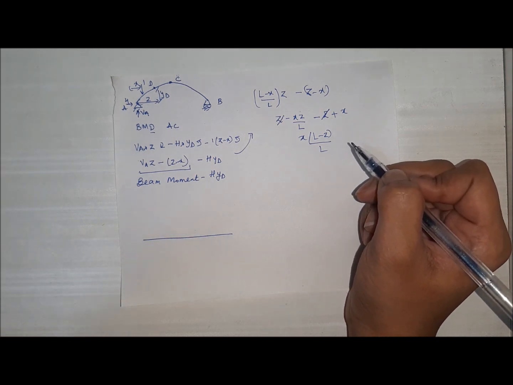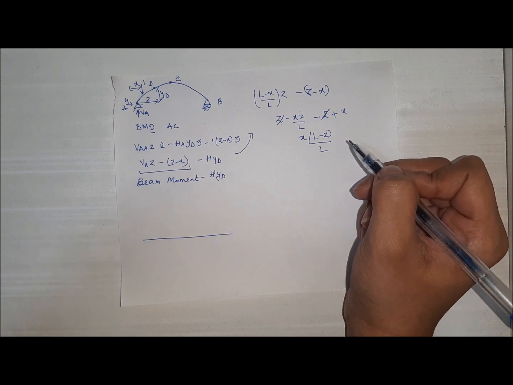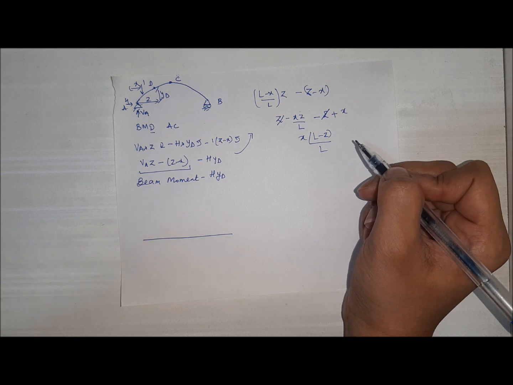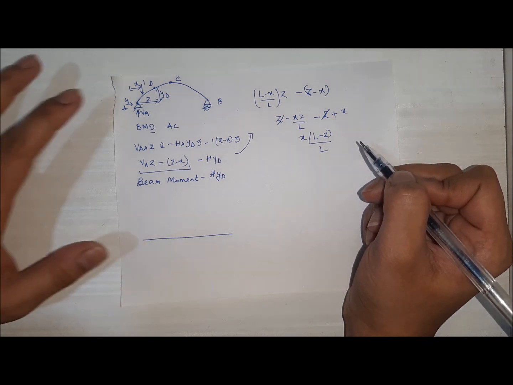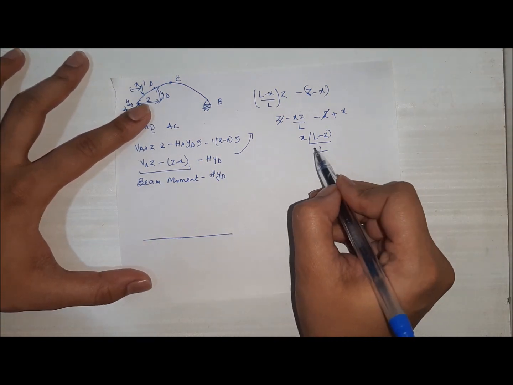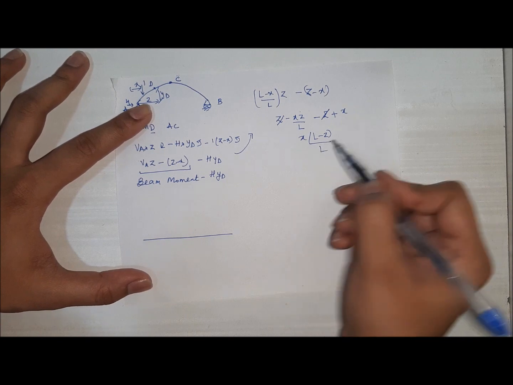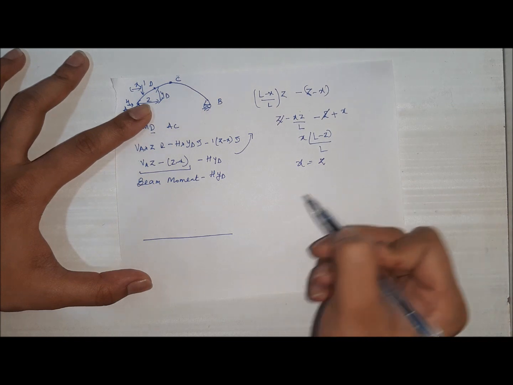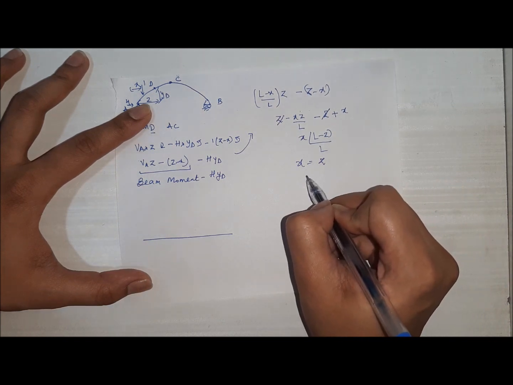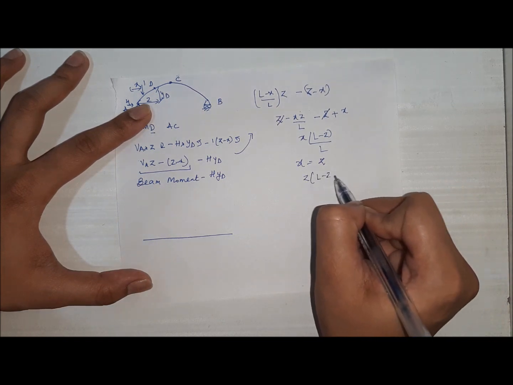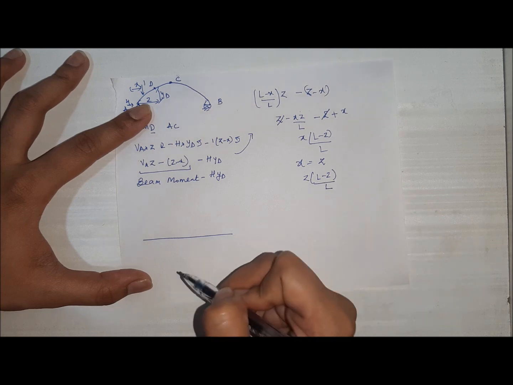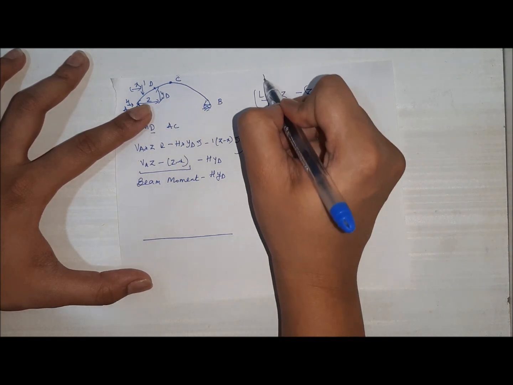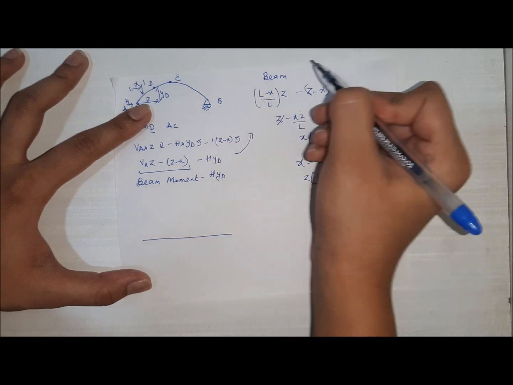After this, we are supposed to make some calculations. Now since we are supposed to find the beam moment at point D, x will become equal to Z. So we have the beam moment value as Z into (L minus Z) upon L. Okay, this portion is the beam moment.